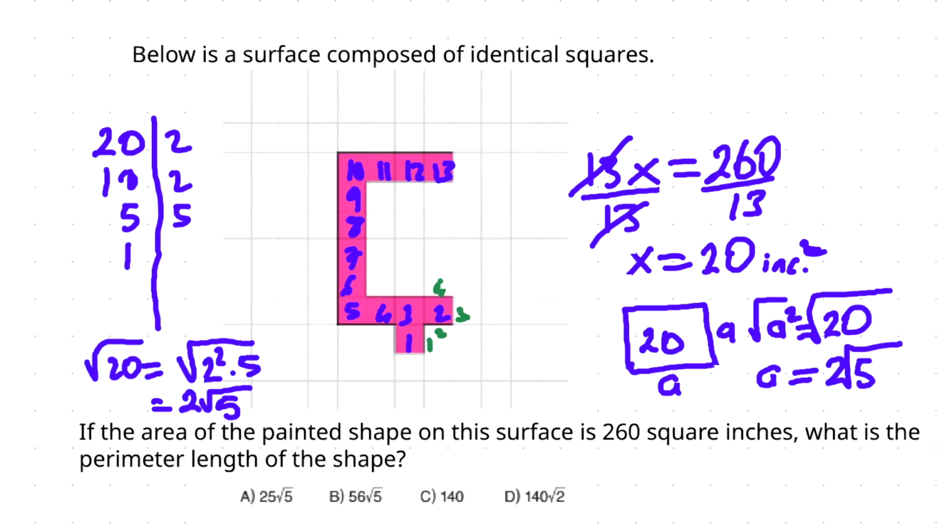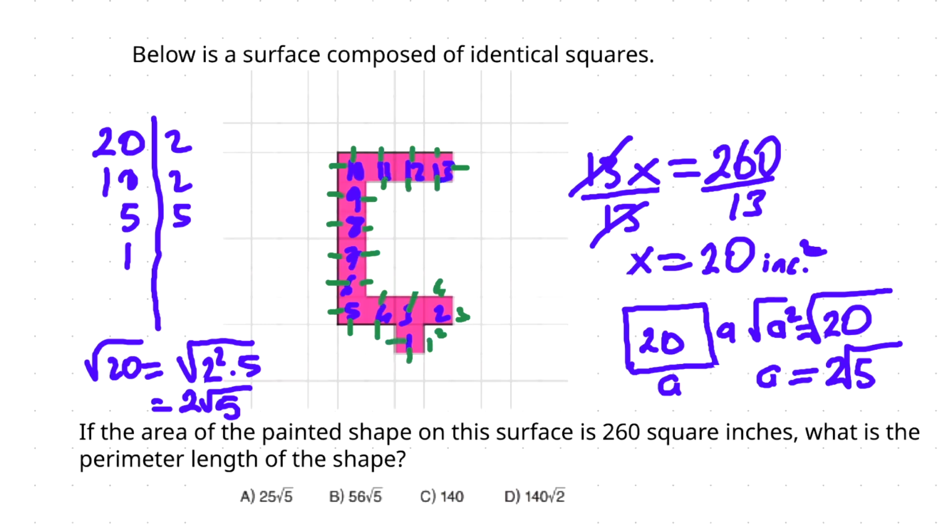Instead of writing them down, I will just check them like this: 5, 6, 7, 8, 9, 10, 11, 12, 13, 14, 15, 16, 17, 18, 19, 20, 21, 22, 23, 24, 25, 26, 27, and 28. We have 28 sides.